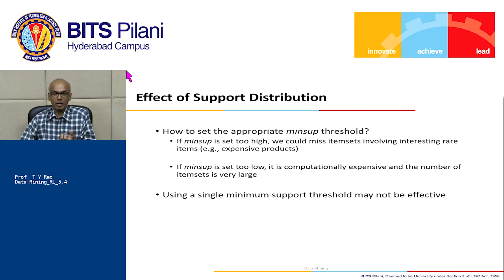Possibly they give them a better profit margin. So for that reason, they would like to set a minimum support level there, and still look at any interesting patterns emerging there.